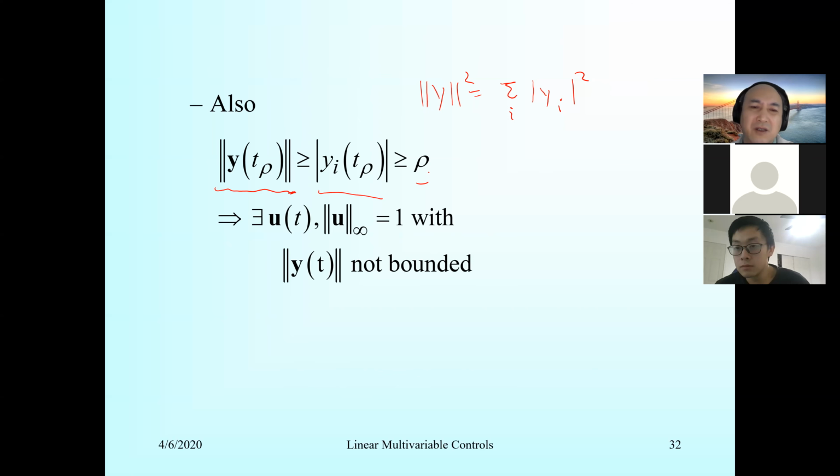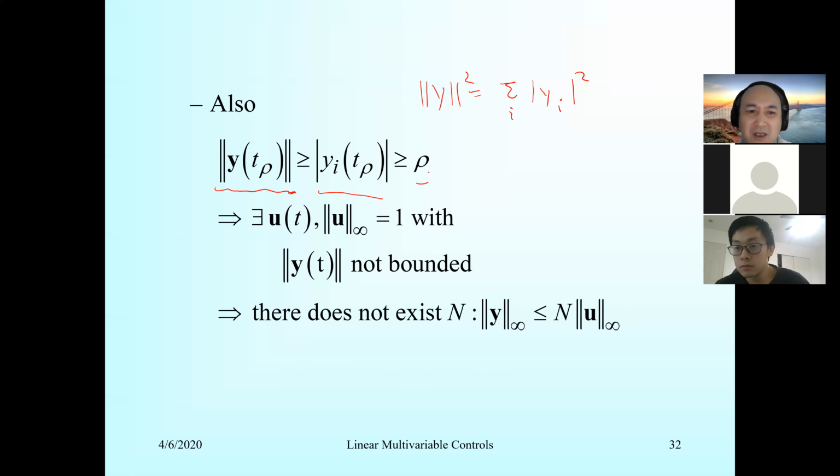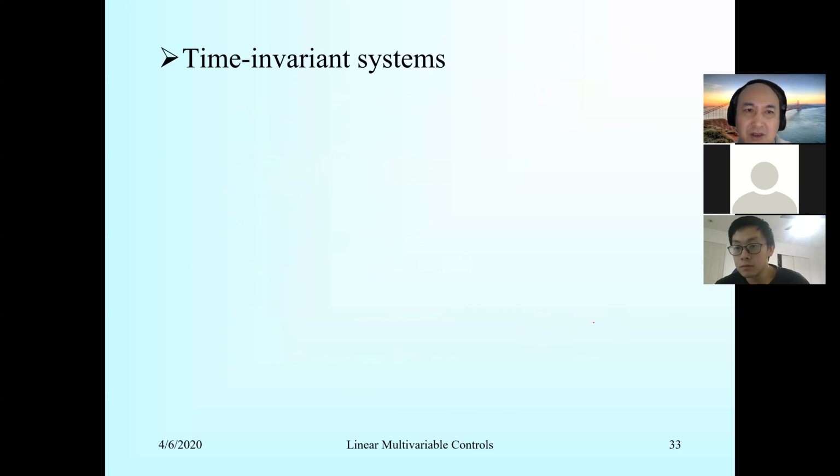So you can always have a bounded input, yet make the y(t) not bounded. That means you cannot find a bound to satisfy this. Therefore, the system is not BIBO, which is against our initial assumption that the system is BIBO.